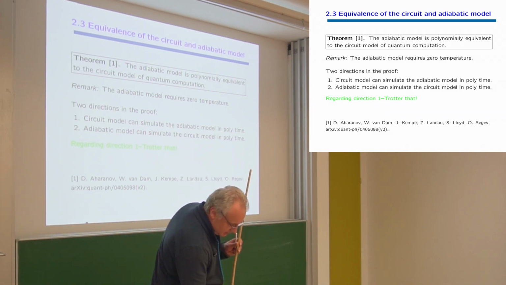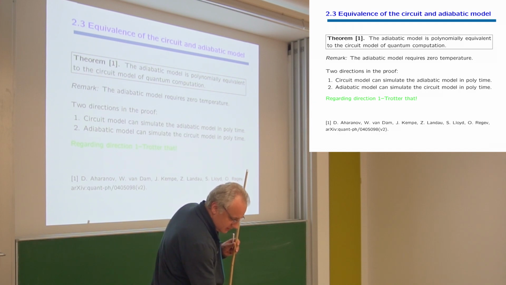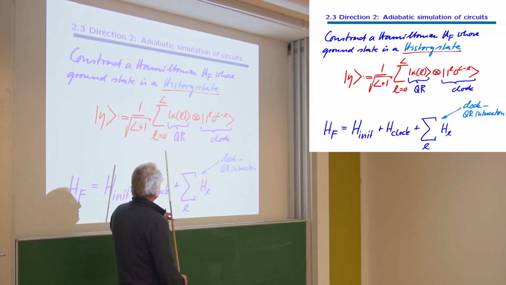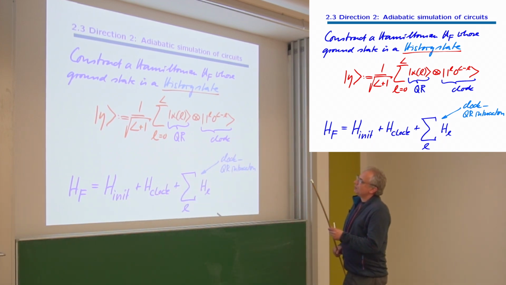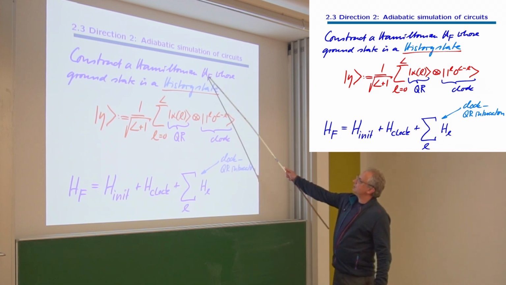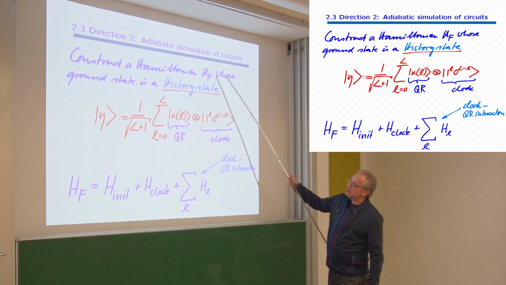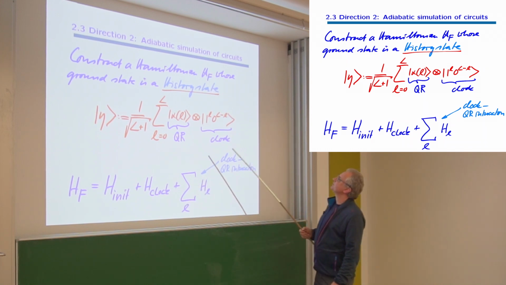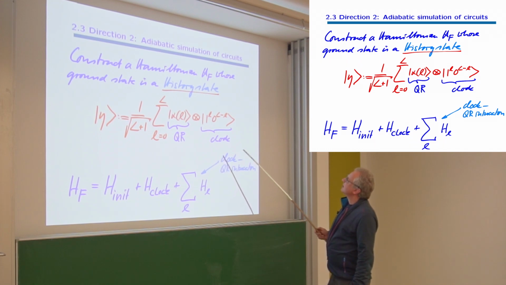All details are in the paper down here, for which the reference is given. I just want to mention it a little bit. The way you do it is that you construct a Hamiltonian. In adiabatic quantum computation, we always have to think about how to construct this final Hamiltonian.